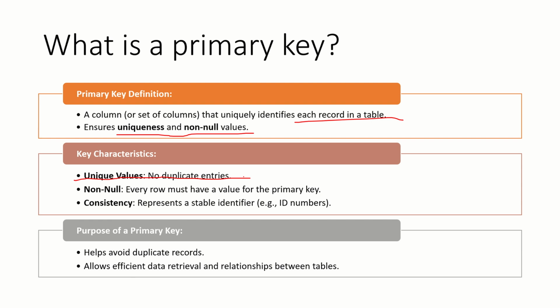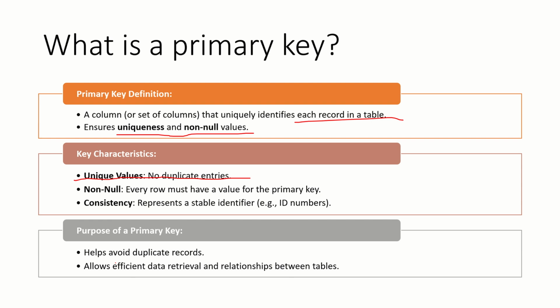This is part of the constraint: the primary key cannot be null. We're trying to help you avoid duplicate records.